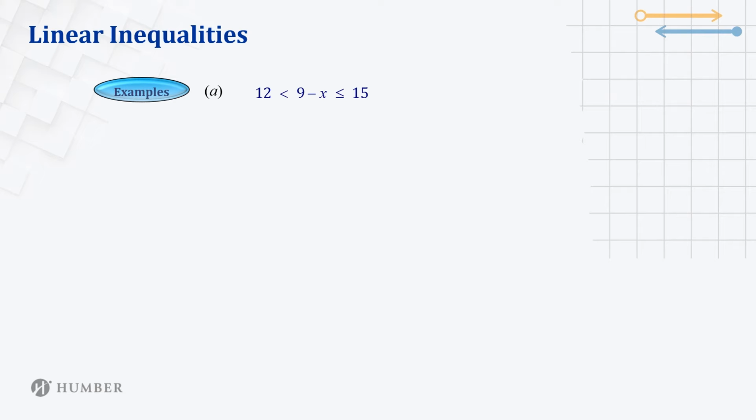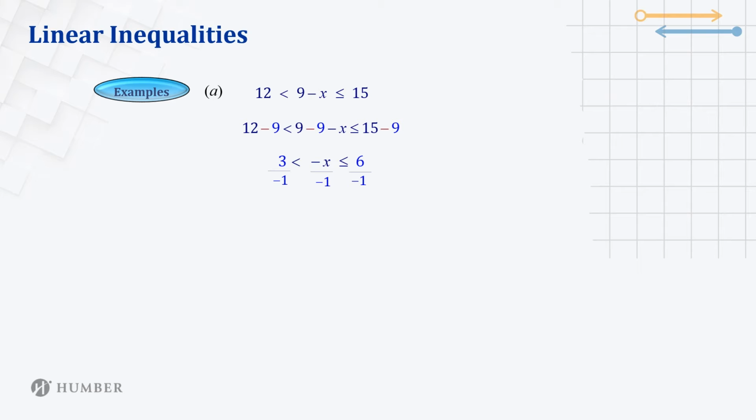To begin, we subtract 9 from all 3 parts to isolate the x term in the center. We have the result as shown. Then, let's go ahead to divide all 3 parts by the coefficient of x, negative 1, to make it so that we just have x in the center.